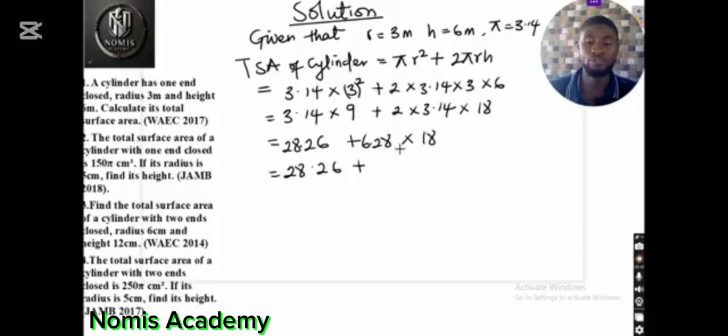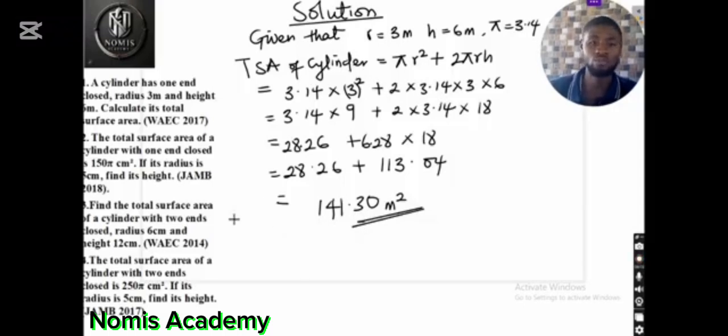So 6.28 multiplied by 18 is 113.04. When we add it up, we get 141.30 meter squared. And that is our answer for that question.